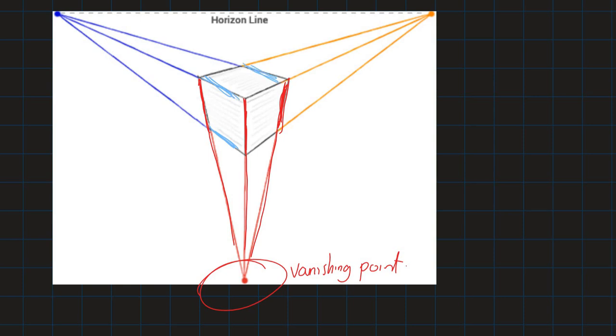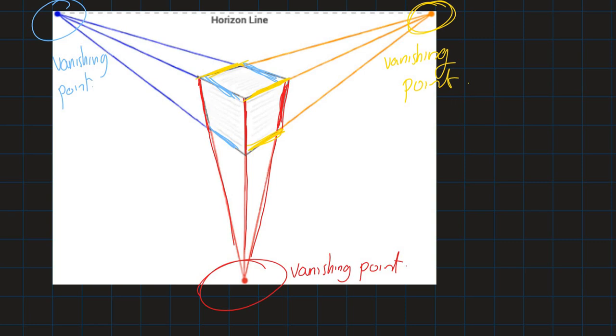These blue lines are parallel as well, and you have a different vanishing point up here. And finally, these yellow lines right here are parallel, and this is their vanishing point. You use these vanishing points to help guide how to draw these line segments.